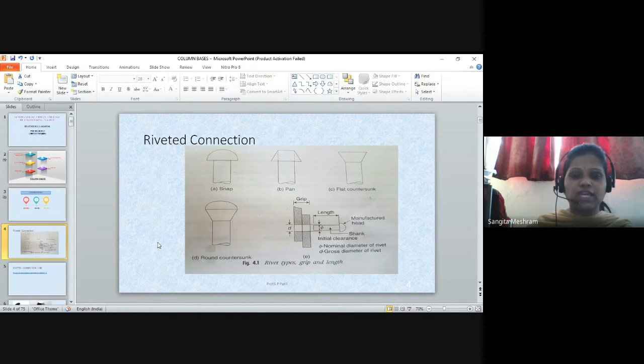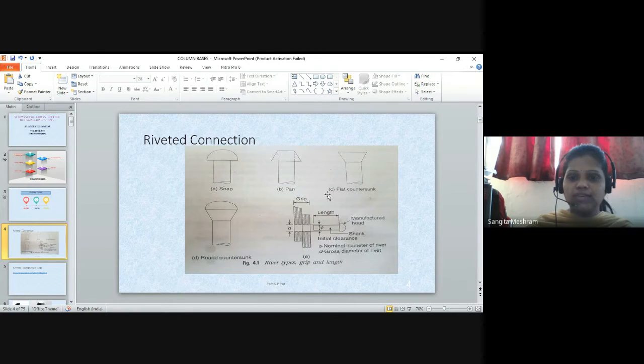The top portion is called the head, and the vertical member is called the shank. Okay, this is the rivet types, grip and length.